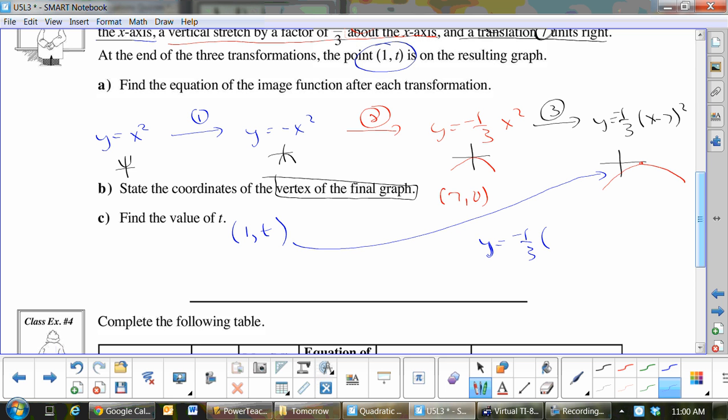Guess what x is? 1. Got that right from the equation. Minus 7 squared. So y equals negative 1/3. Now, brackets, do your work in brackets, that's negative 6 squared. Okay? What's negative 6 squared? 36. Negative 1/3 of 36. Negative 12. So it is the point (1, negative 12).